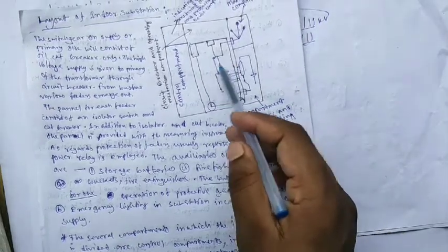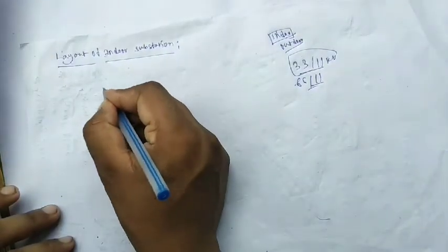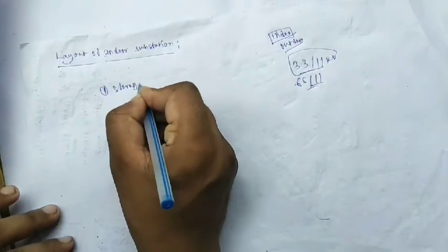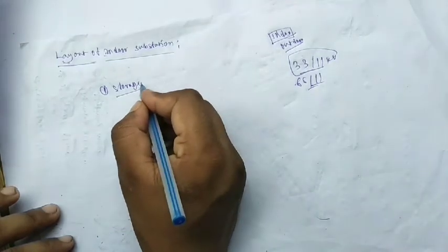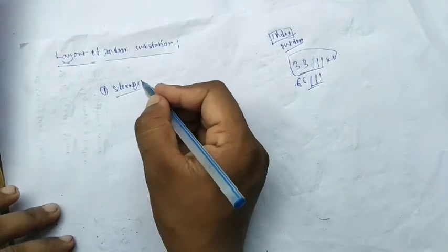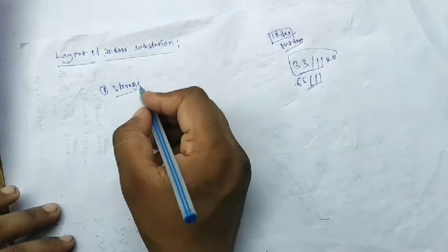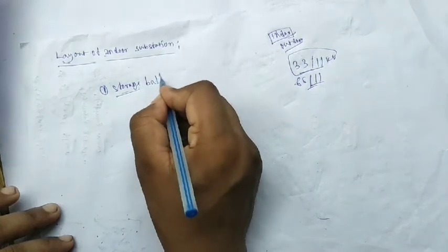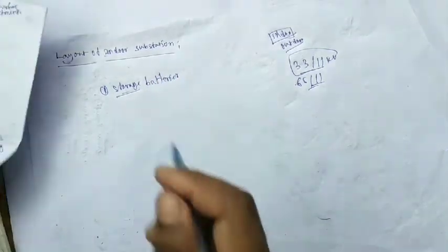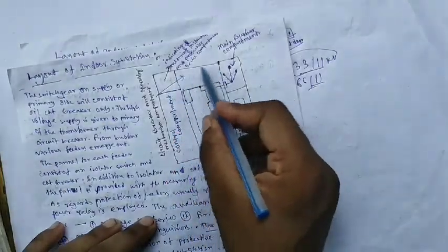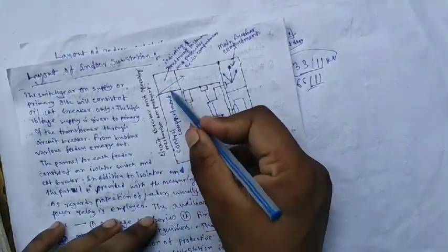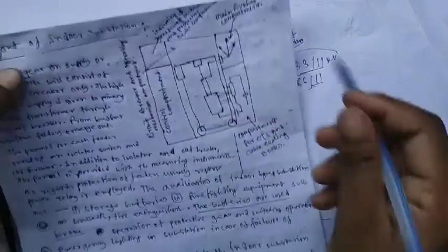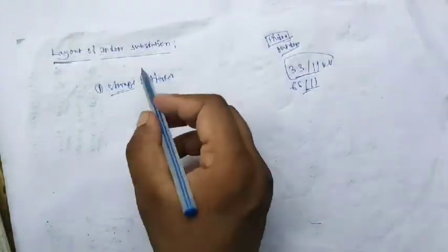In the substation there is also a storage battery. If you visit a substation, or as I am providing you a basic picture of a substation, there is a storage battery unit. In this compartment is the controlling unit, the storage battery unit, which means the battery is stored in this substation.